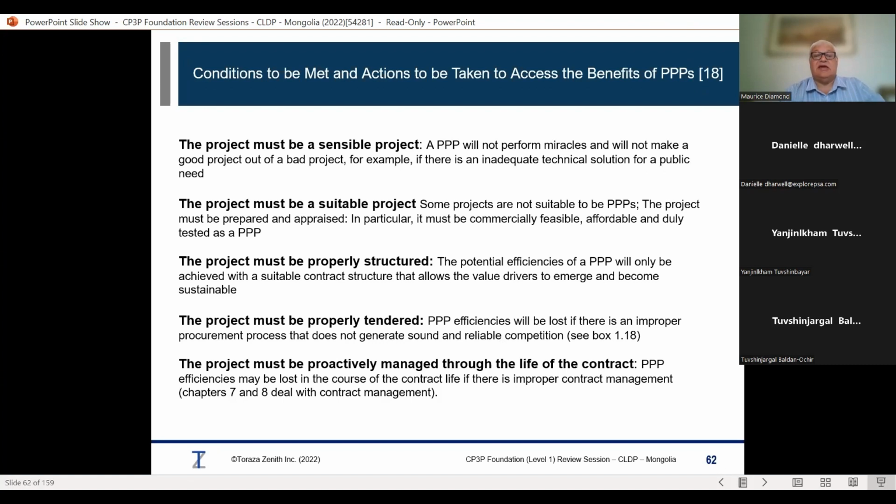So let's go through that again. It must be a sensible project, must be suitable, it must be properly structured, it must be properly tendered, and it must be proactively managed through the life of the contract. So before you get to the exam, make sure that you are comfortable with the wording in the guide around it being a sensible project, a suitable project, properly structured, properly tendered, and then managed through the life.